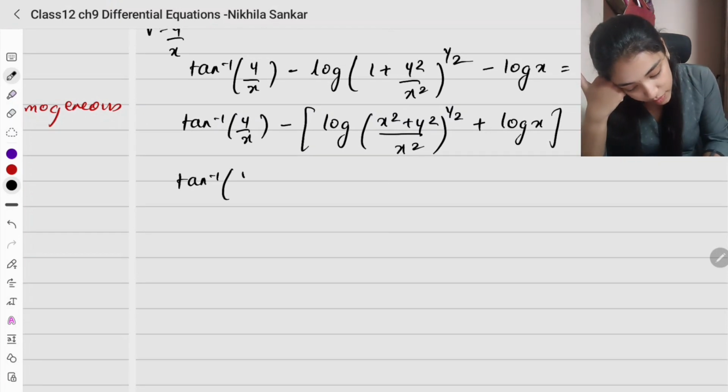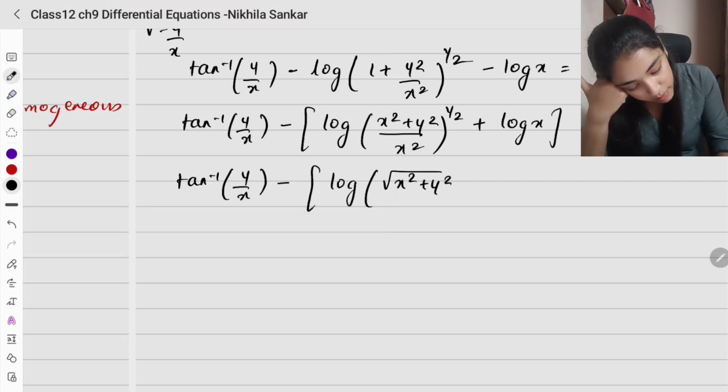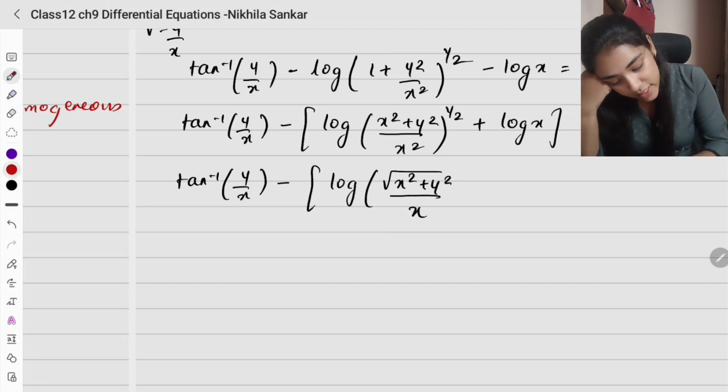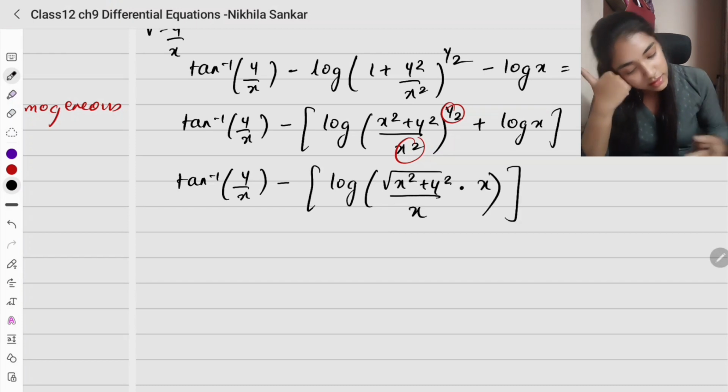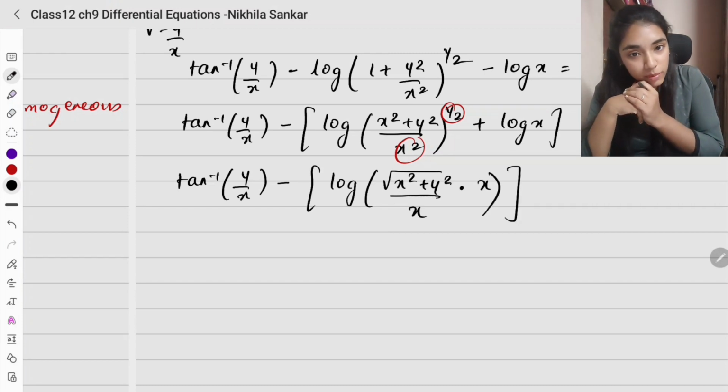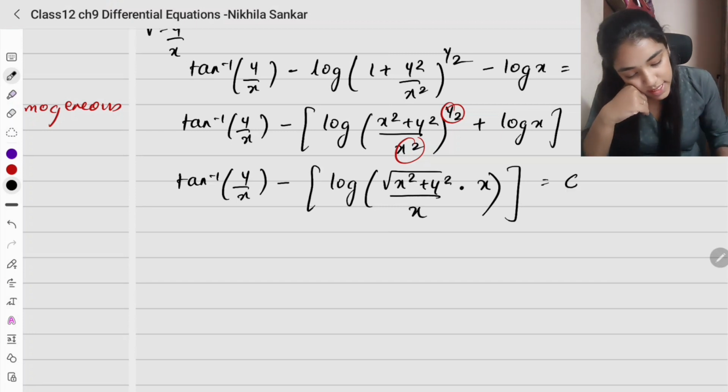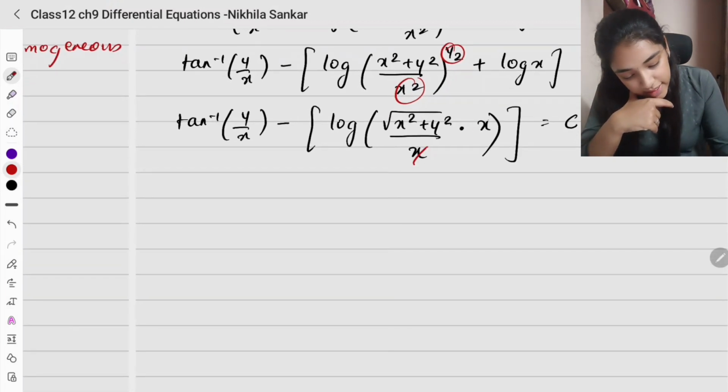So I have tan inverse of y divided by x minus log of square root of x square plus y square divided by x. Square root of x square, I'll be left with x times x. Correct? Log a plus log b is log ab equals c. So here the x and the x gets cancelled.